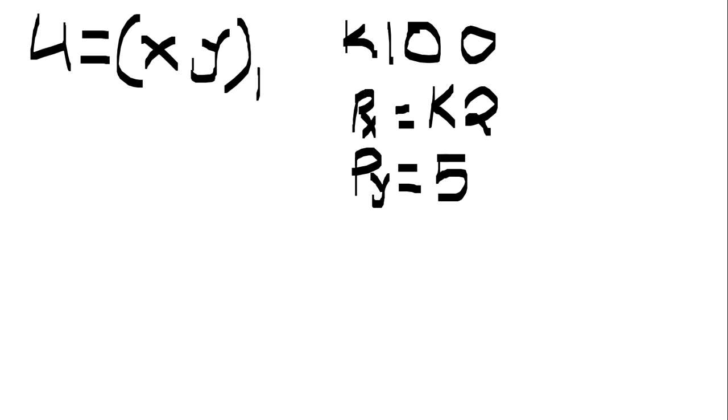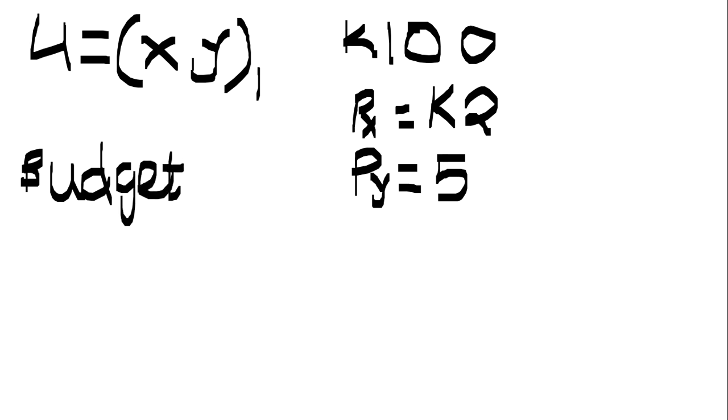Exactly, given that we have these two prices for these two goods. So that is the goal. There's what we call a budget constraint, or sometimes they'll ask you to come up with a budget constraint.